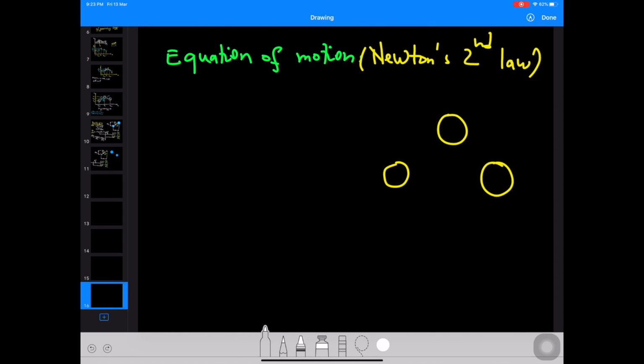So let's set up now the equation of motion using Newton's second law. So remember, we have these three point masses, mi minus 1, mi and mi plus 1. So the only forces applied are the tensile force on the left and the tensile force on the right side of the mass mi. Now, we know that Newton's second law states that the sum of the forces is equal to the mass times the acceleration.